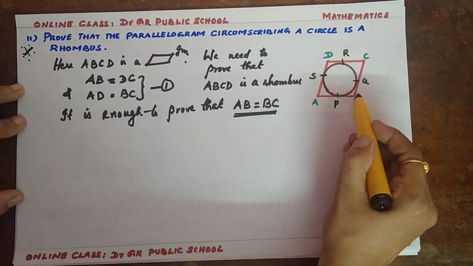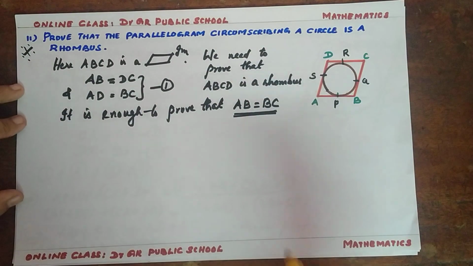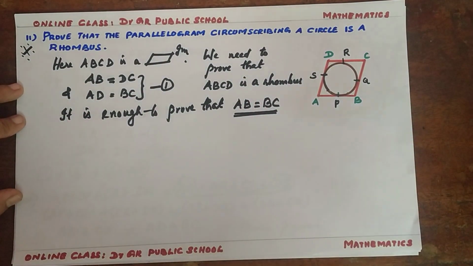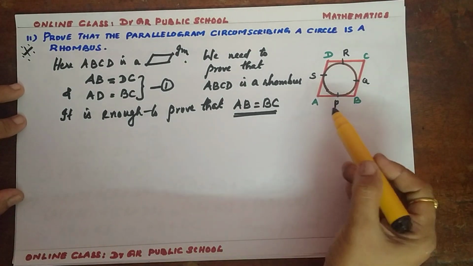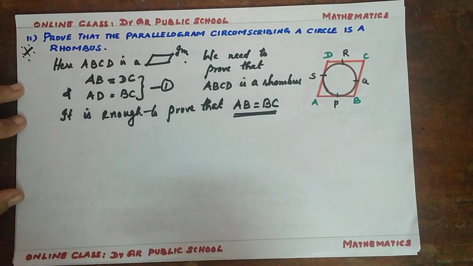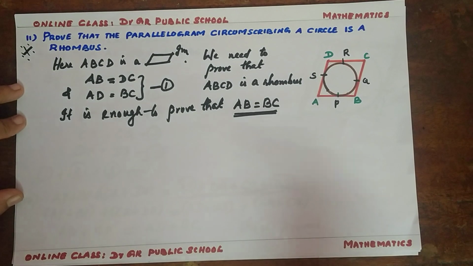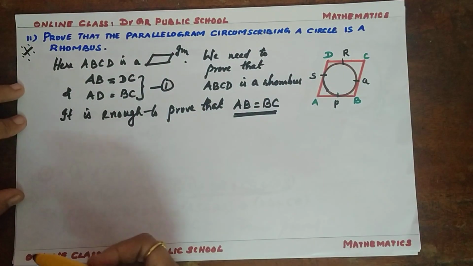If these two sides are equal, then definitely all the four sides will be equal, and hence it is a rhombus. So no need to prove all the four sides are equal. Instead, it is enough to prove that two adjacent sides are equal. Any two adjacent sides you can take. I am taking AB and BC.